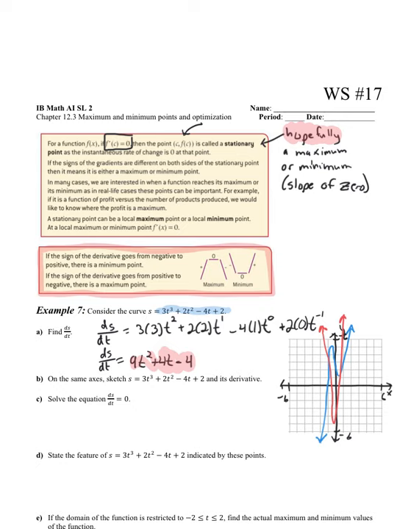Now this part C here says solve the derivative equals 0. So basically we take our derivative, 9t squared plus 4t minus 4 equals 0. And now we can go ahead and use the quadratic equation to solve. We could use completing the square to solve. So we could use a lot of different things like that. Or we could be really smart and just use our graphing calculator to solve. Or Desmos, which we already did.